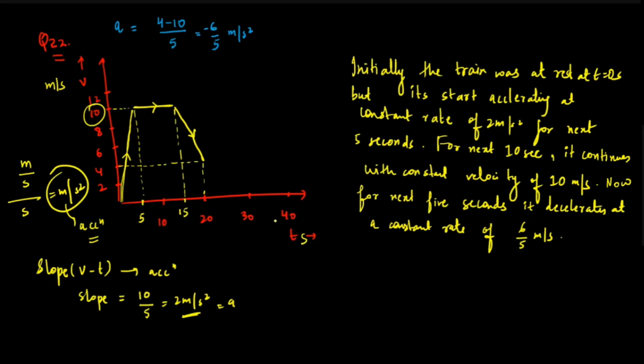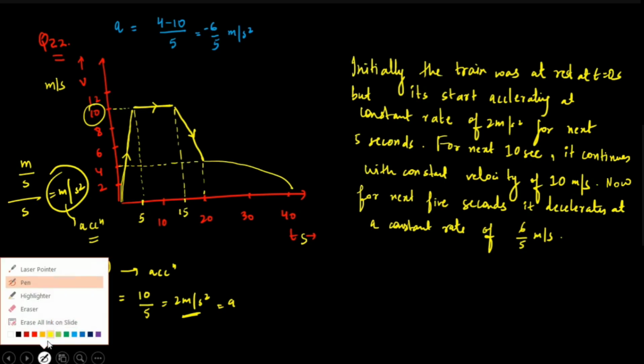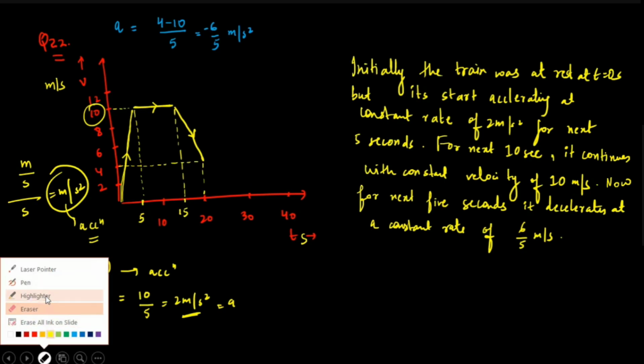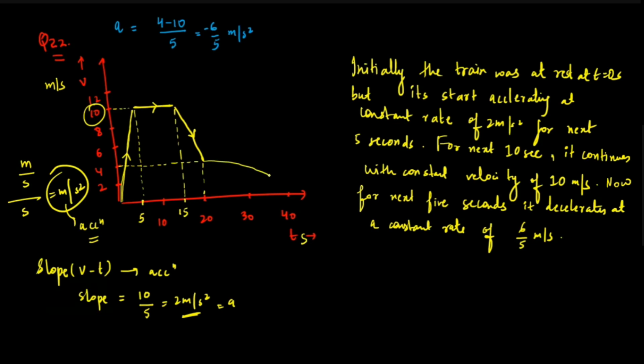Now, it says that from 20 to 40 seconds, its velocity reduces like that. Now, if velocity is reducing like that, what does it mean? It doesn't say constant there. Exactly. So this is the difference between this line and this line.